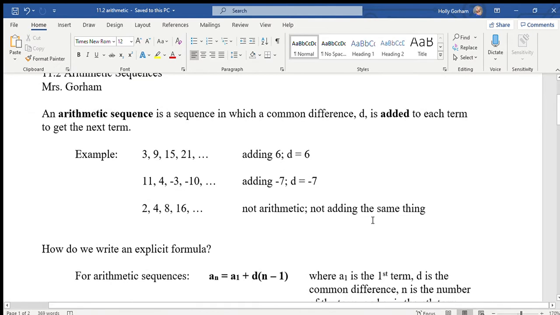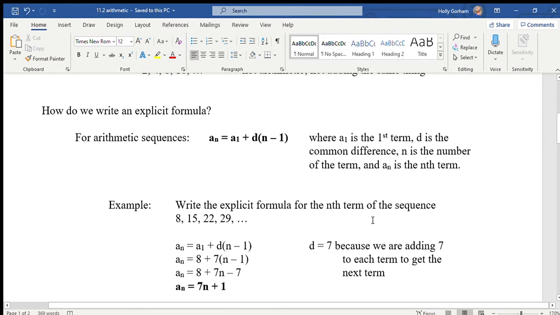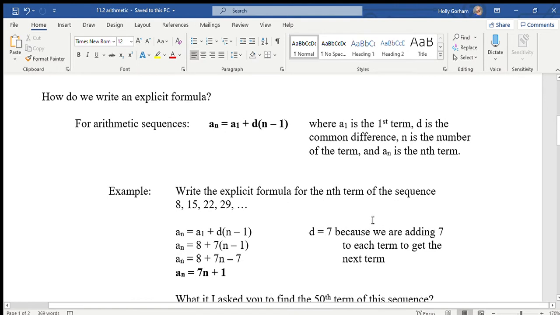Now, as we deal with these sequences, what we're going to be talking about is writing explicit formulas and then finding specific terms. It's important that you really pay attention to how to write an explicit formula. I had another class that never really got this concept. If you are told to write an explicit formula, here's the formula that you're going to use here in bold.